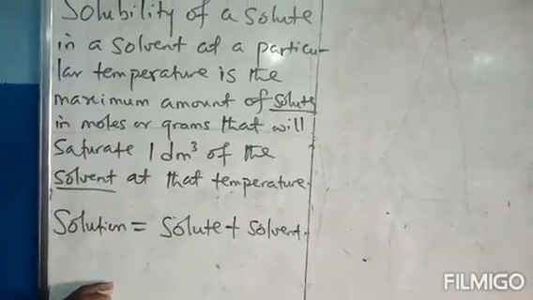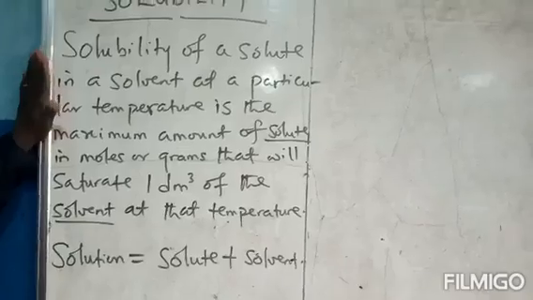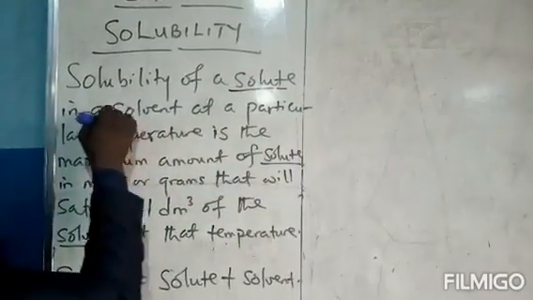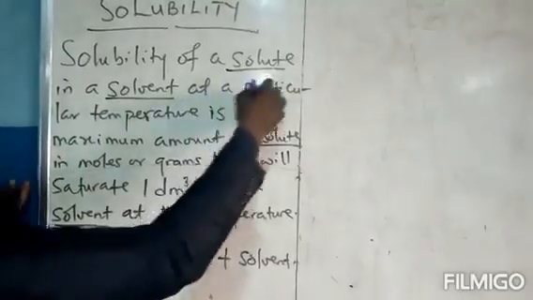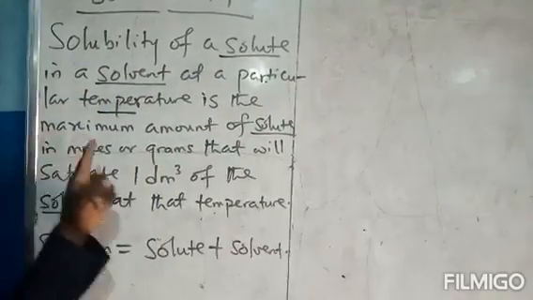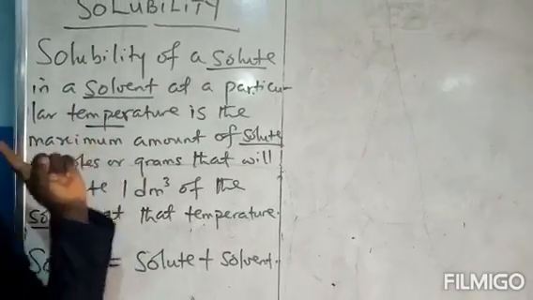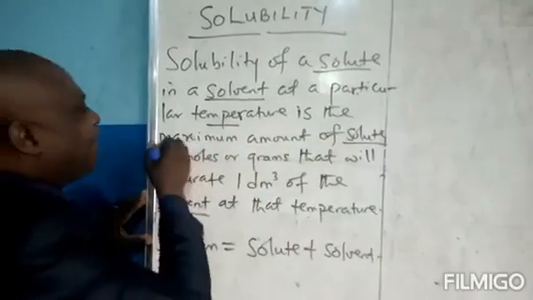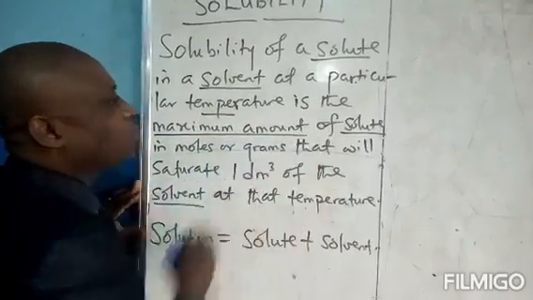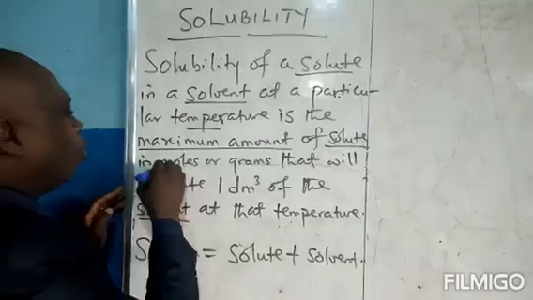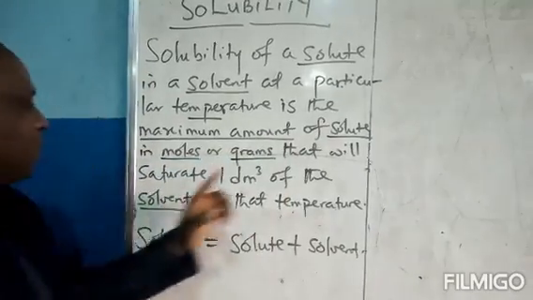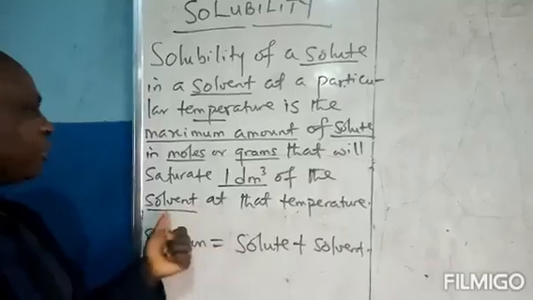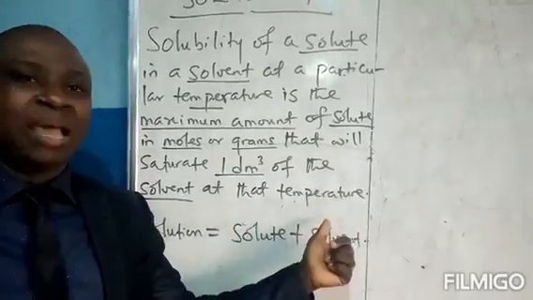solvent. If you look at the definition of solubility, it says that the solubility of a solute in a solvent at a particular temperature, and temperature is required to be specified, it's very important, is the maximum amount of solute in moles or grams that will saturate 1 dm cube of the solvent at that temperature.